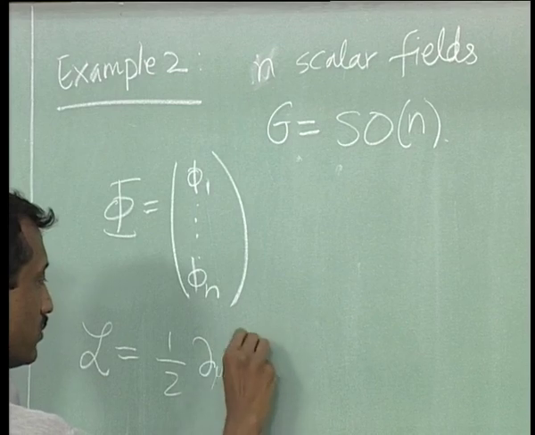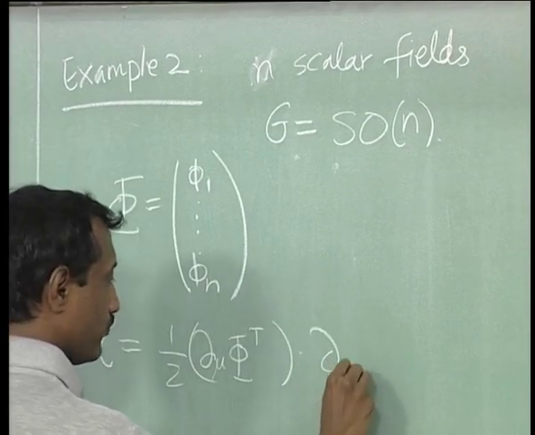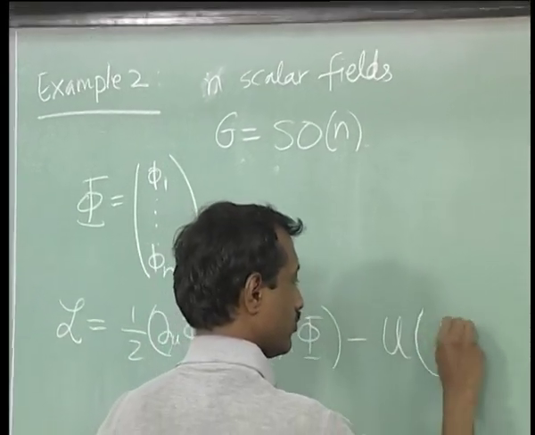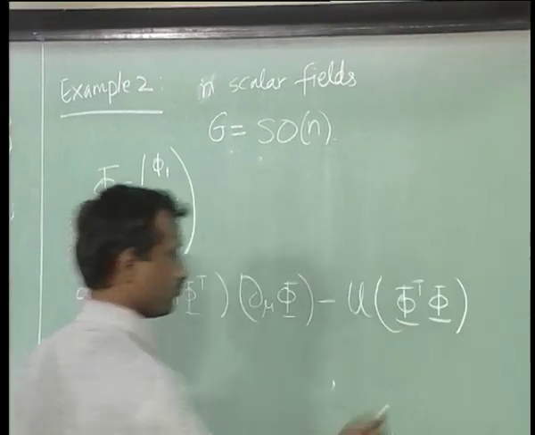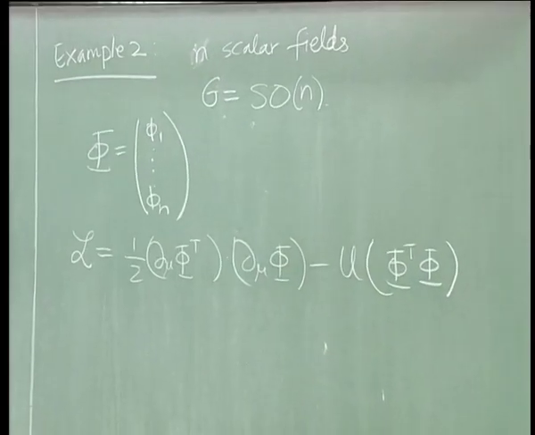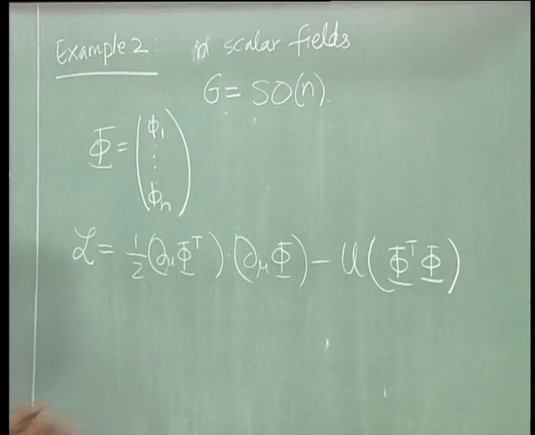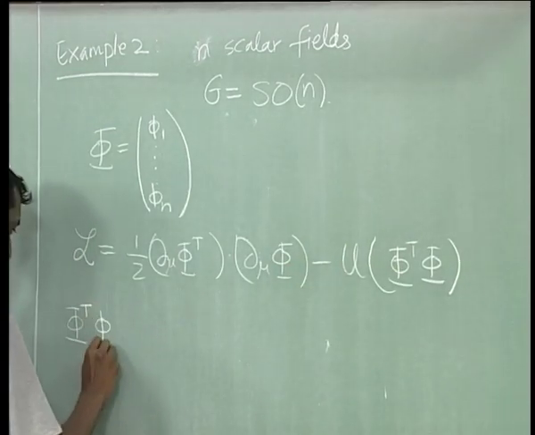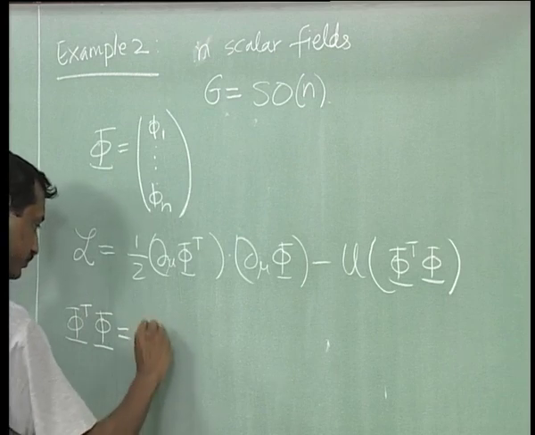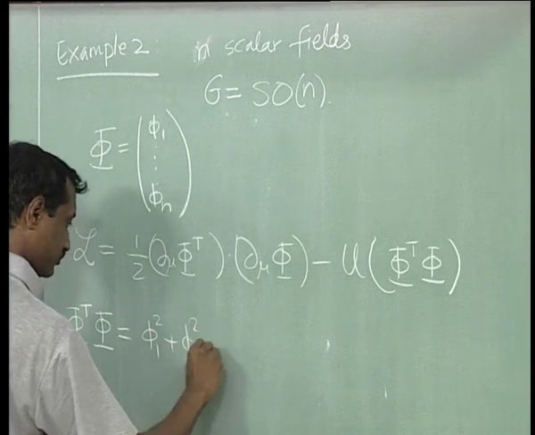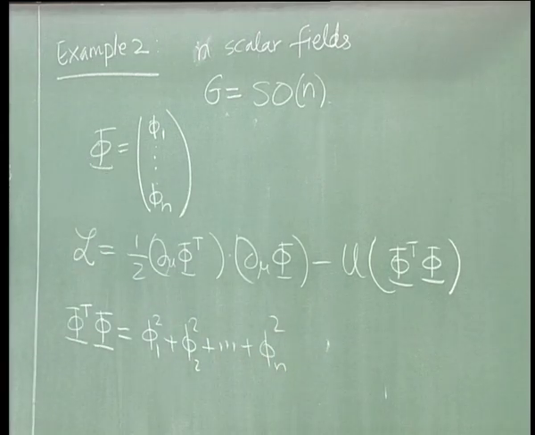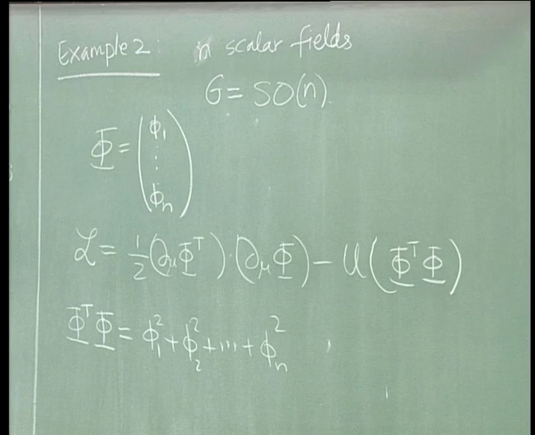So what is phi transpose phi? Okay. SO(N) is a set of transformations which keeps this sort of combination invariant.